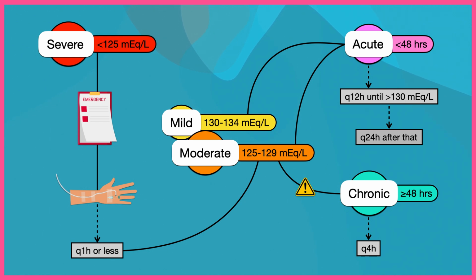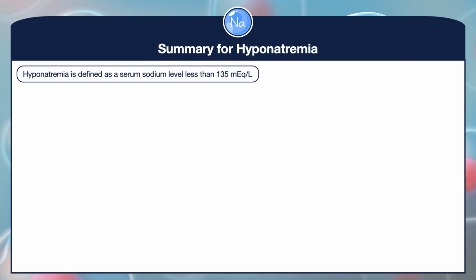As we saw with fluid and sodium restrictions, there isn't a strong consensus on these monitoring frequencies. There are some differences depending on which publication you read, and there's likely greater variability from institution to institution, and even down to the individual clinician's preference and philosophy.